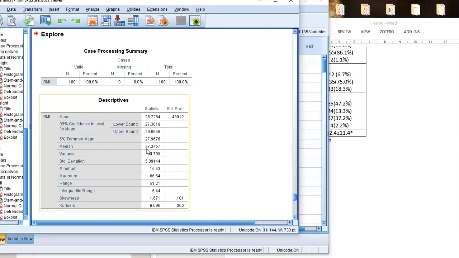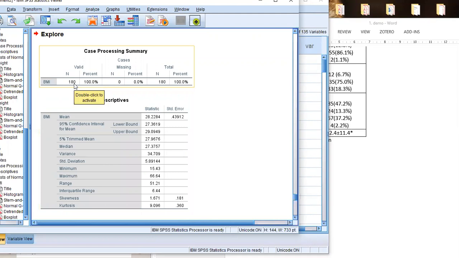Is this BMI group, the obesity group, important to you? Yes. What about this value? What is this value telling you? This 95% confidence interval is an estimation based on a sample of 180.